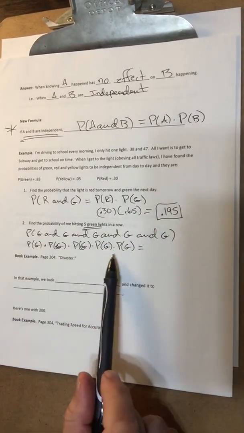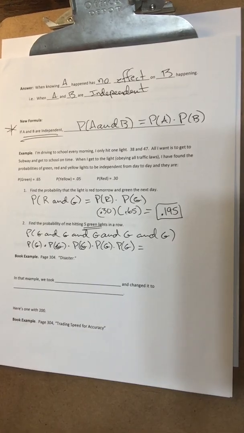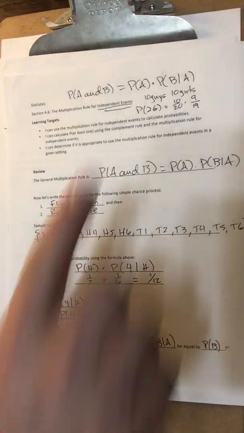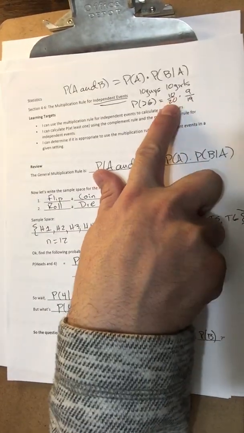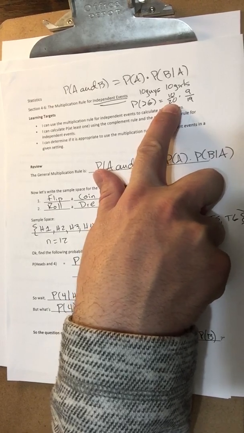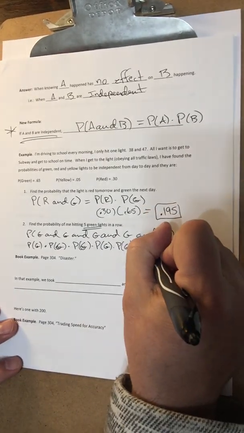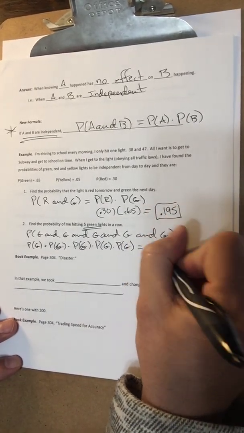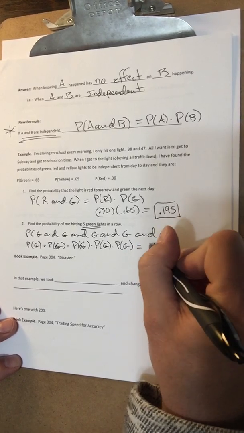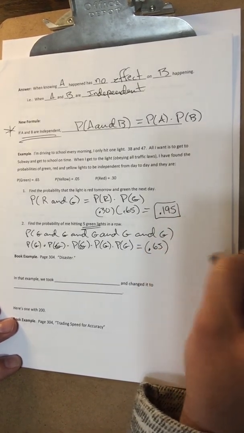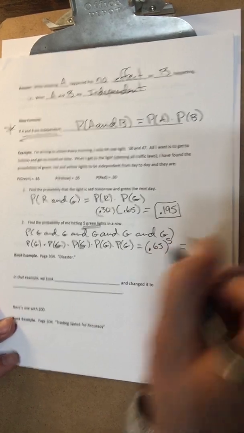Now, this is not like earlier when we talked about the probability of the first student being a girl and the second one being a girl, because the first one being picked affects the probability of the second one. Here we're told they're independent from day to day, and so this is just going to go, green is 0.65, and then I could either multiply it out 5 times itself, or I could take it to the 5th power.